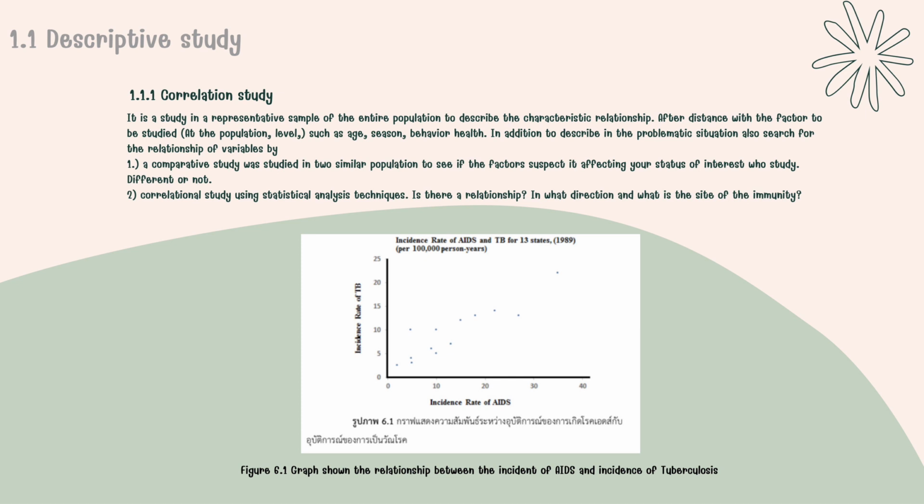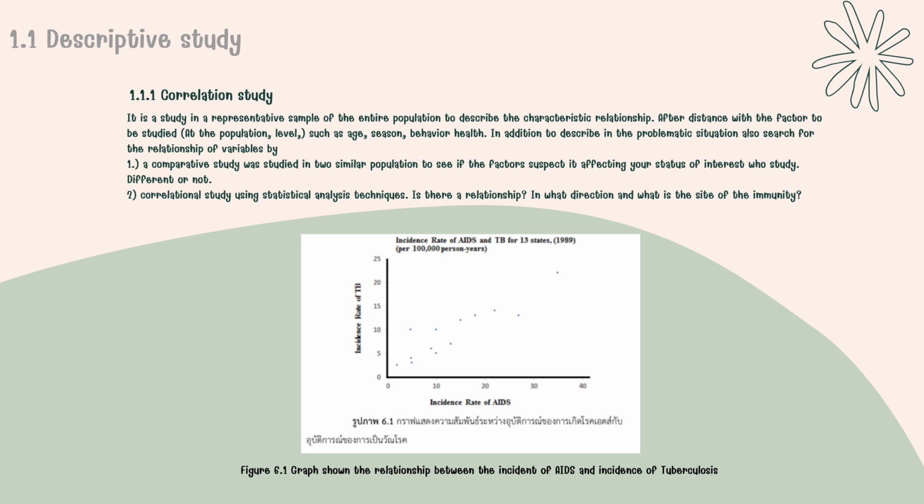Let's see information about the descriptive study. 1. Correlation study. Correlation is a study in which a segment represents the entire population, to describe the characteristic relationship of the disease with the factor to be studied at the population level, such as age, season, behavior, health.